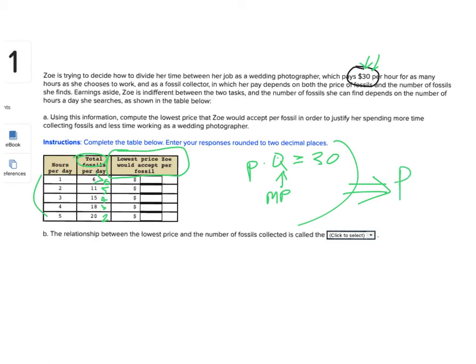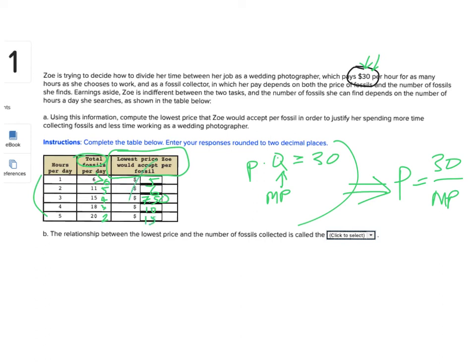The minimum price is equal to 30 divided by this marginal product. And so 30 divided by 6 is 5, 30 divided by 5 is 6, 30 divided by 4 is 7.50. 30 divided by 3 is 10, and divided by 2 is 15.